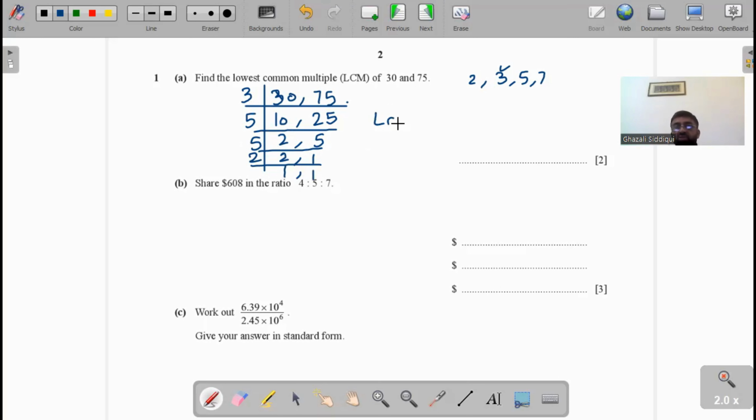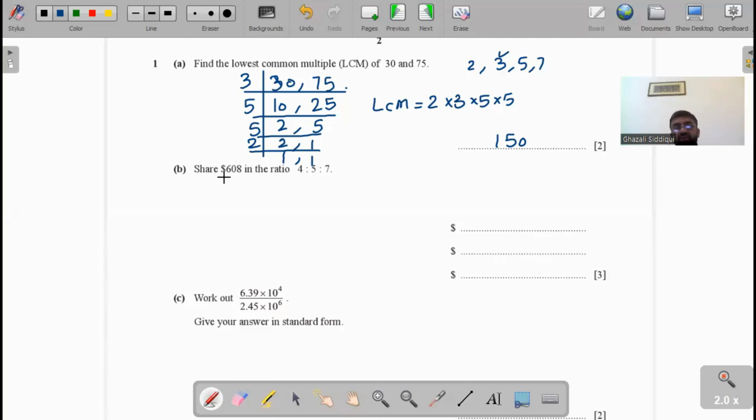Now the LCM of 30 and 75 will be 2 multiplied by 3 multiplied by 5 multiplied by 5. Now 2 threes are 6, 6 fives are 30, 30 fives are 150. This is the answer.